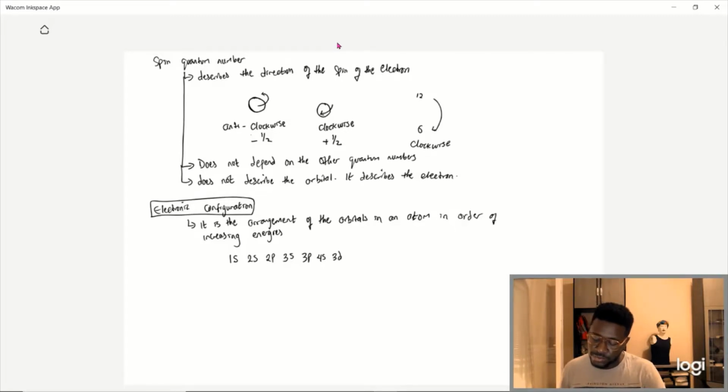The electronic configuration shows how the electrons fill up the orbitals. So if you have just one electron, the first electron goes here. And the electrons fill up the orbitals in a pattern that follows the Aufbau principle.